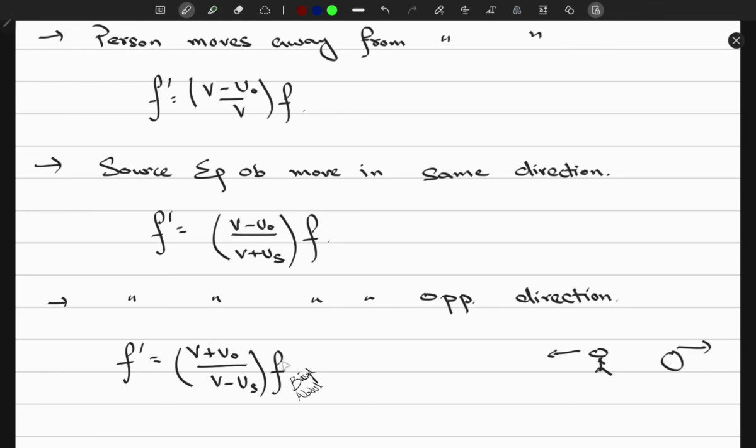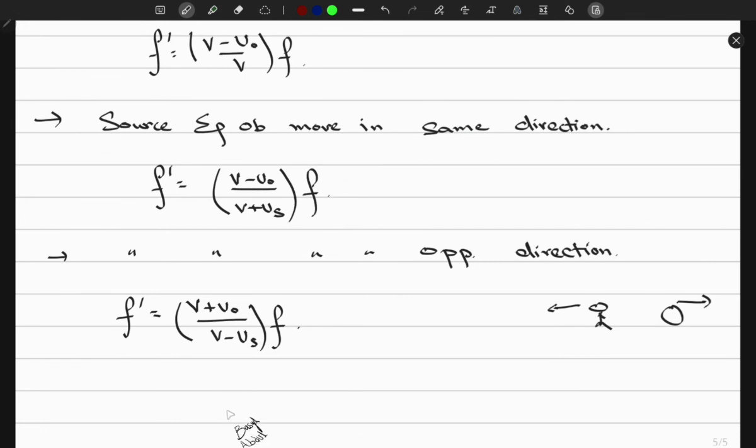Now, we talked in terms of sound waves at this point, but the point to be noted is that the same thing is true for electromagnetic waves.